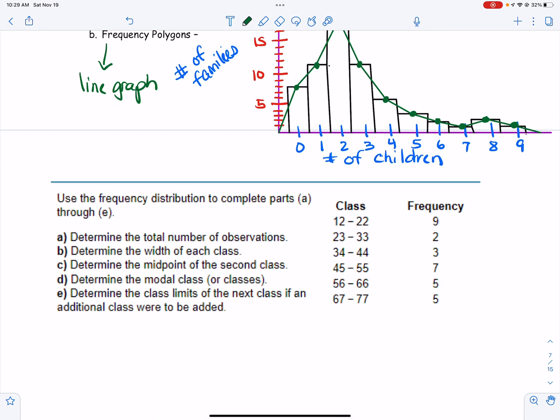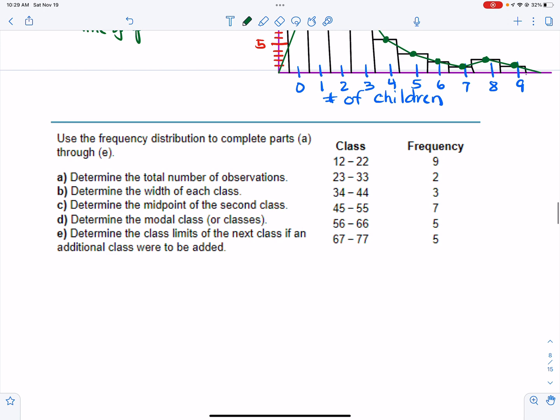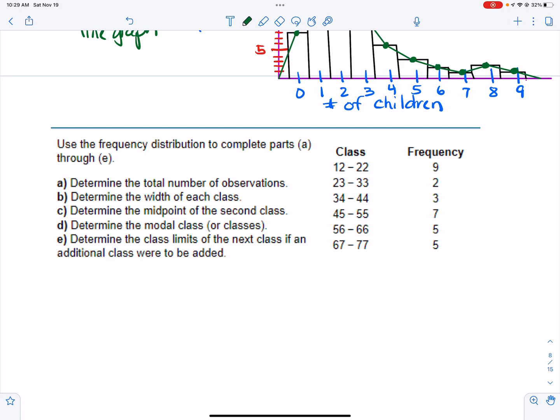So now what we're going to do is determine the total number of observations. They're going to give you this, and they're also going to have some information that you might have to fill in. But we're going to look at the frequency table here, and we're going to be able to answer these questions. To determine the total number of observations, we have to add up our total frequencies.